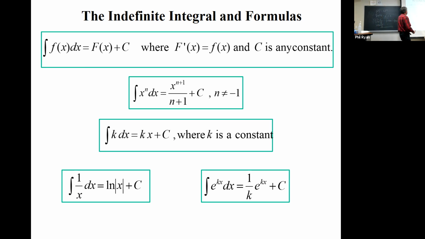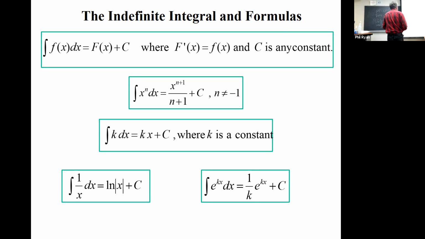Notice it's not going to work when n is minus 1, right? Because there was no way that we could get an x to the minus 1 as a derivative, because the derivative of x to the 0 is just 0. So we can't have that.